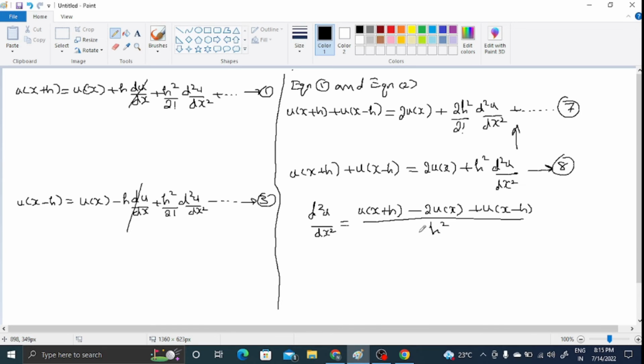So this one is the functional representation where u of x plus h is the next value of x, u of x is the current value and u of x minus h is the previous one.